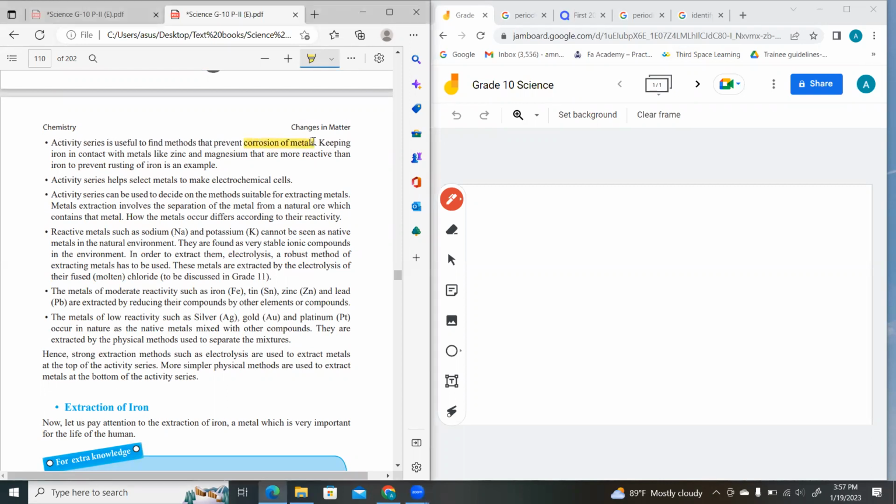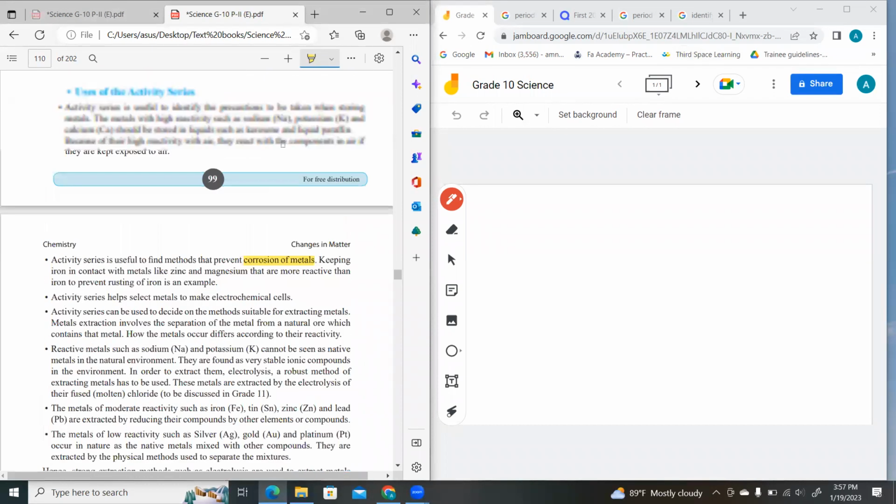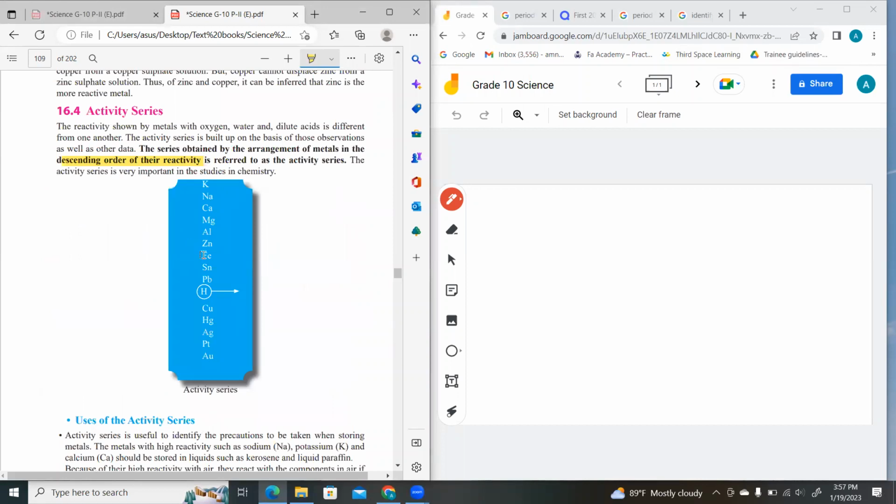That means, let's say you have a metal substance, you need that to prevent from corrosion. You have to decide to cover it with another type of metal. So it should be covered with a high reactivity metal. Let's say we have Fe here. You can see.